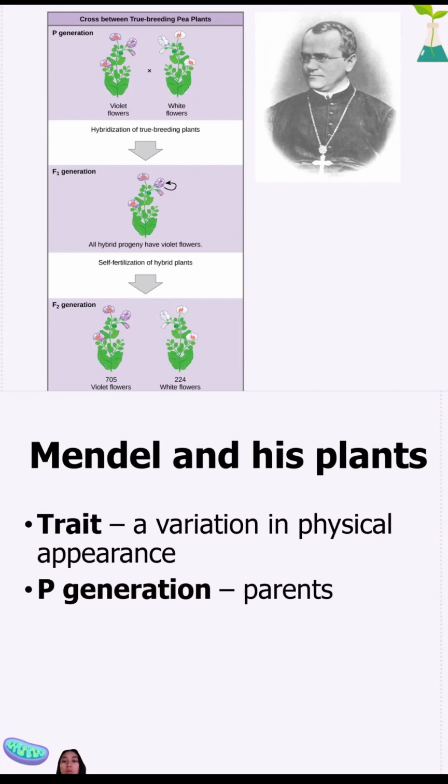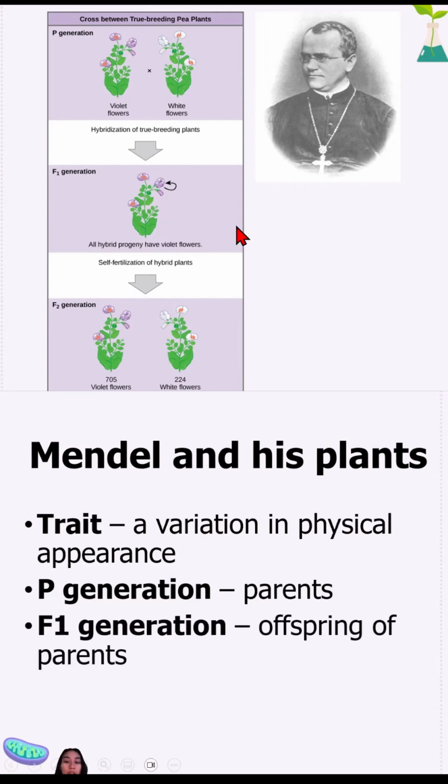Again, this was before the discovery of genes or alleles, so he didn't really know what was happening. What he would do was get two parent flowers, which we call the P generation, and breed them together by cross-pollinating them. He would then look at the traits of the F1 generation. F1 is your offspring, the first generation of offspring.